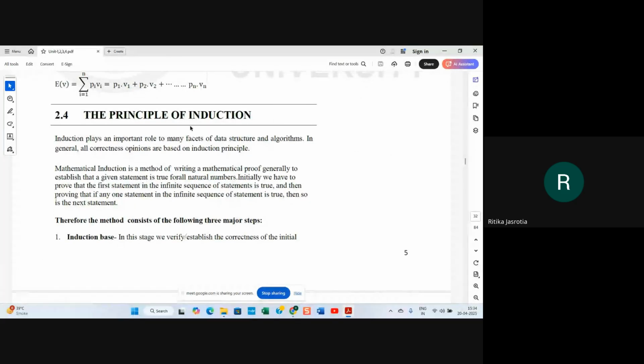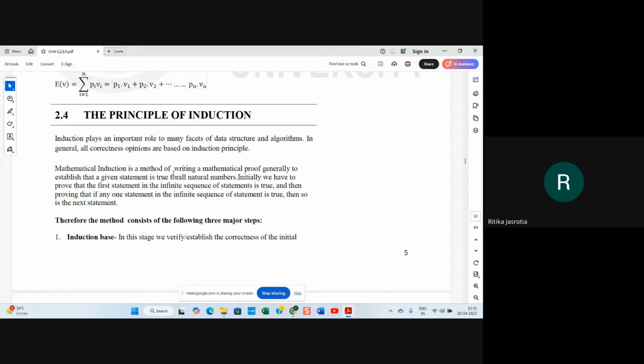Then they are talking about the principle of induction. Induction plays an important role in many facets of data structures and algorithms. In general, all correctness proofs are based on the induction principle. Mathematical induction is a method of writing a mathematical proof, generally to establish that a given statement is true for all natural numbers.